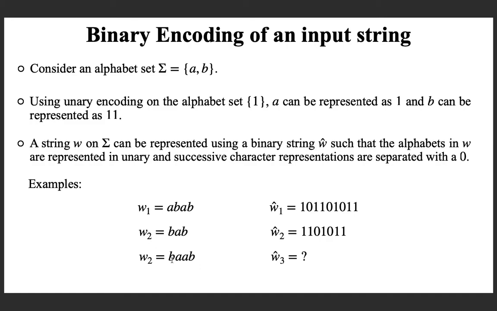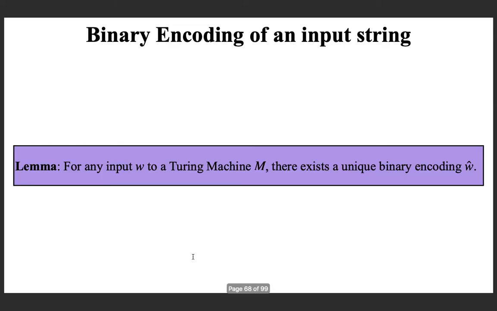It should be 110 followed by 1, that is A, followed by 0, followed by 1 means again A, followed by 0, followed by 1 means B. So that is the binary encoding, and that is again a very straightforward way of encoding an input string in binary. And with this we can have a lemma saying for any input string W to a Turing machine M, there exists a unique binary encoding hat W.